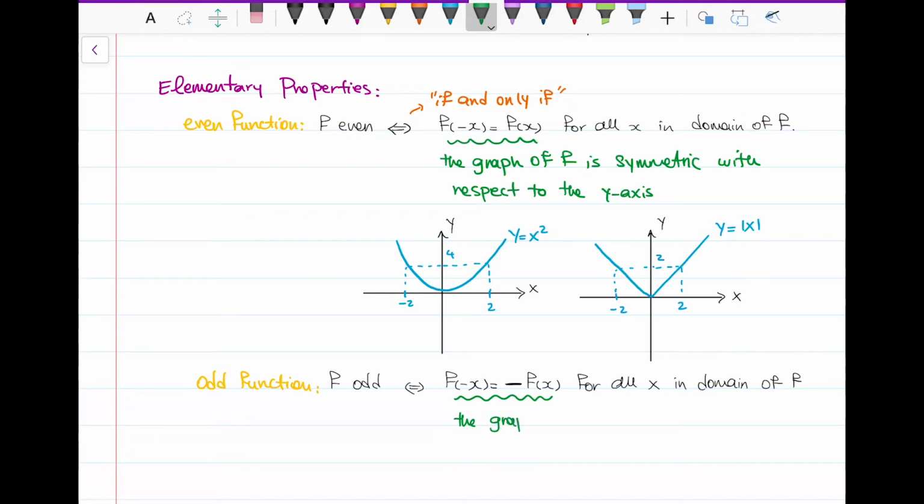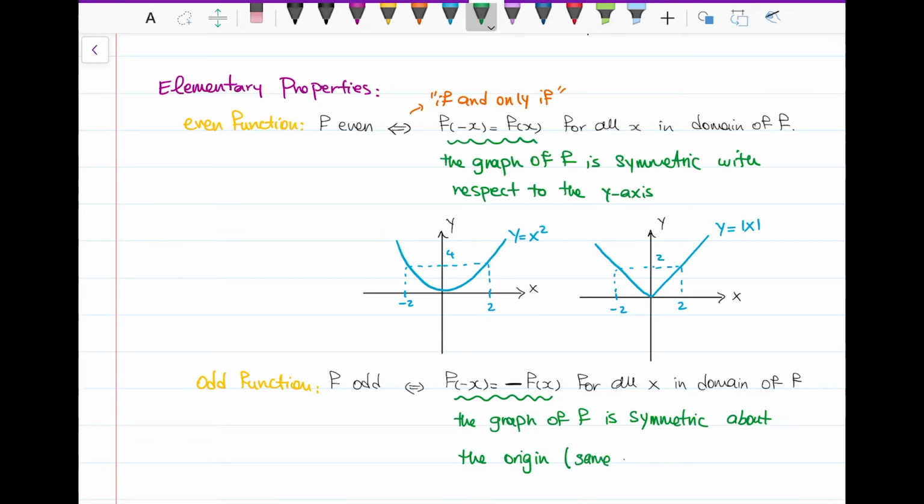The graph of f is symmetric about the origin. What does it mean? It means that after rotating by pi radians, we get the same thing.